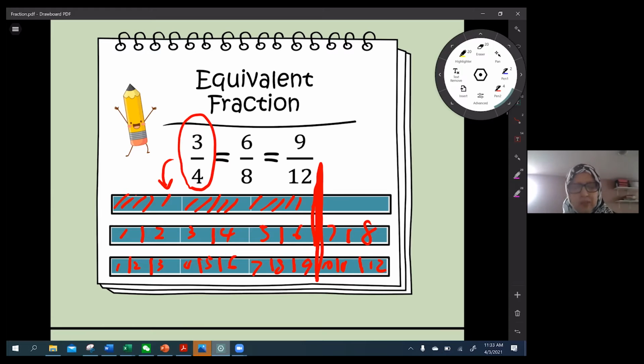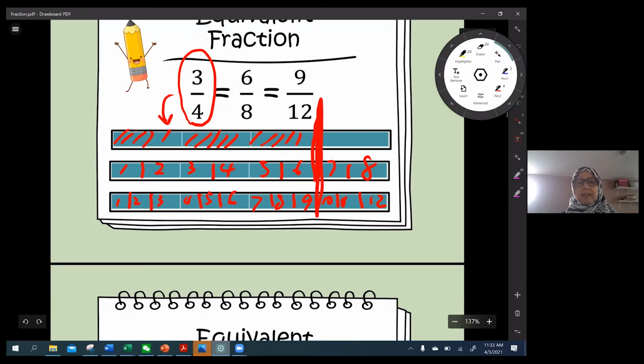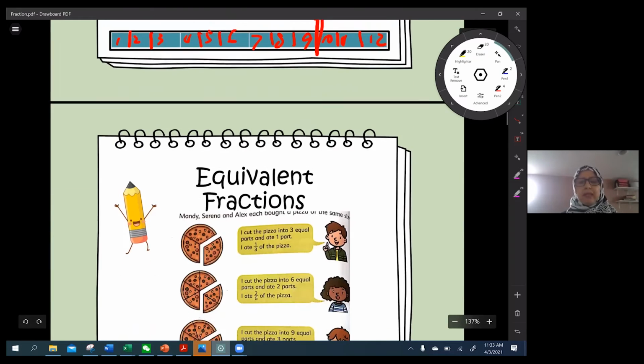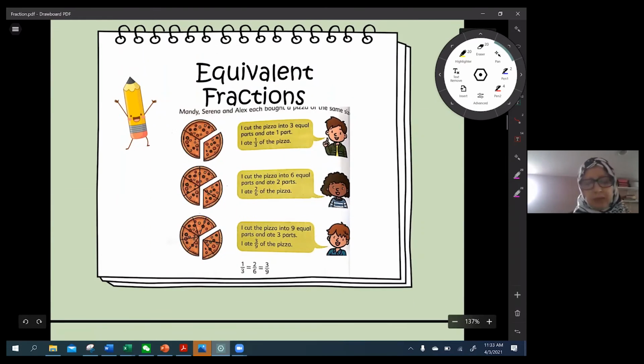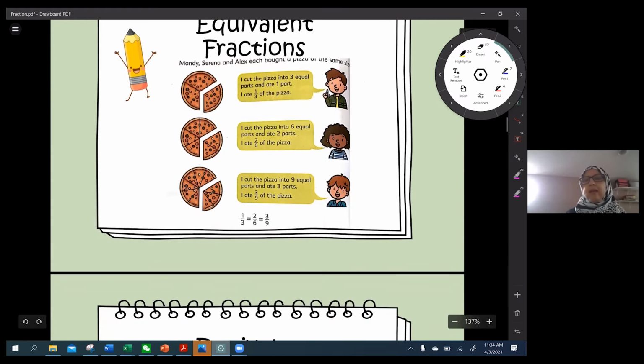All right. Okay. So next, equivalent fraction. This is just another way of showing you the equivalent fraction, right? Let's say you have 3 people with the same size pizza. One cut it into 3 slices. The first one, he ate 1. So this guy took 1/3.